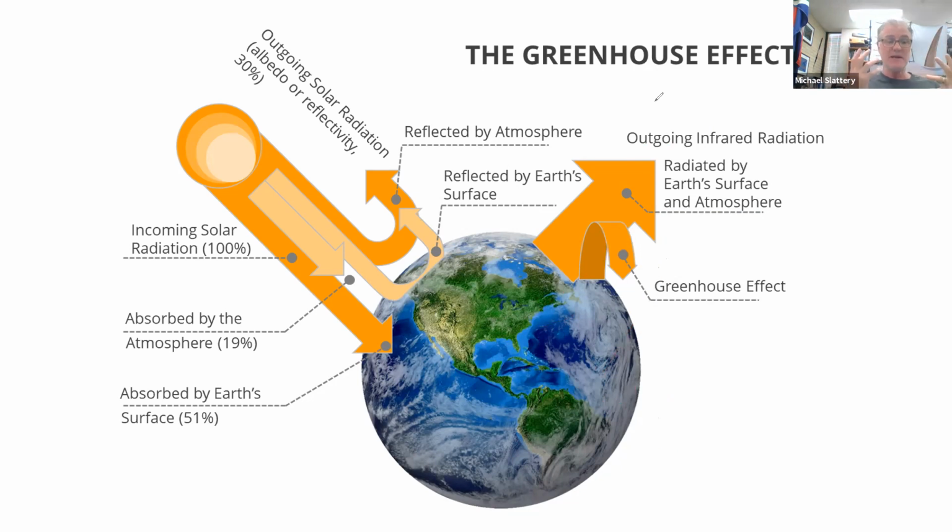So we get our heat energy, it turns out, from two sources, right? One is the sun. Well, sure, that's important, okay, right? So we get our energy from the sun. But in terms of climate, we also get a whole bunch of energy from the atmosphere. And that is the greenhouse effect, right?